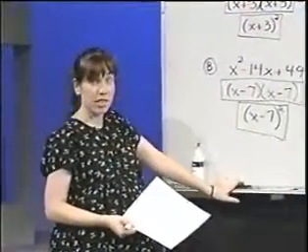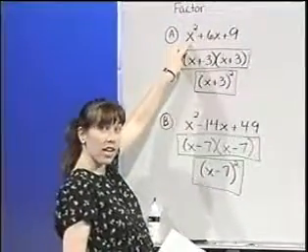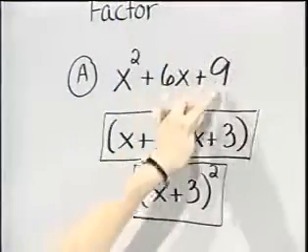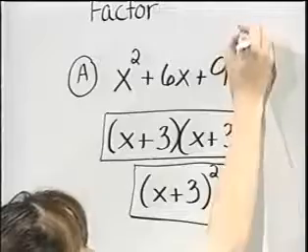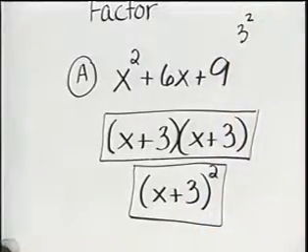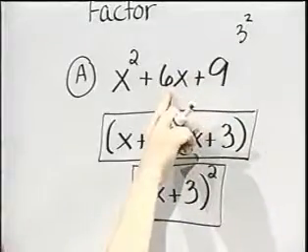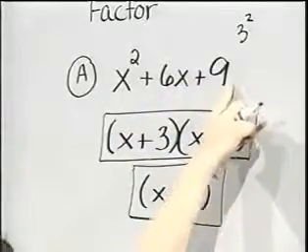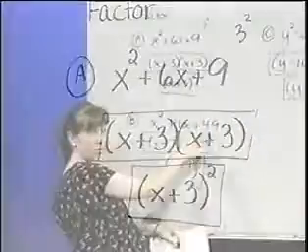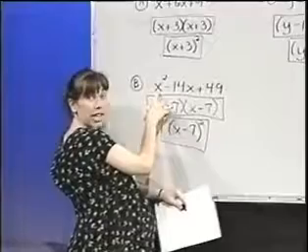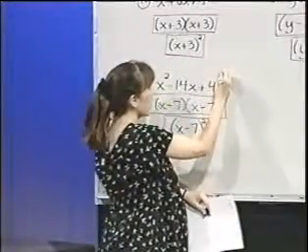Let's take a look at how those formulas apply to the examples we did here. Notice here, x squared, x is a square. 9 is also a square. 9 is 3 squared. And notice that 3 times 2 gives me 6. And that's how I know this is a trinomial square. And now let's go down to the next one here. X again is a square. 49 is also a square.